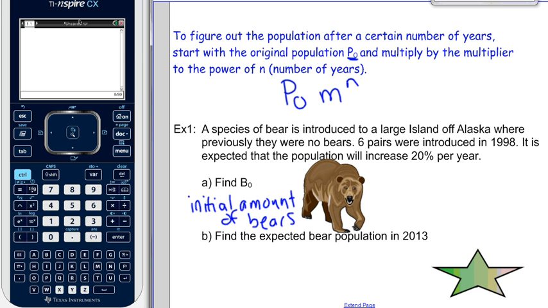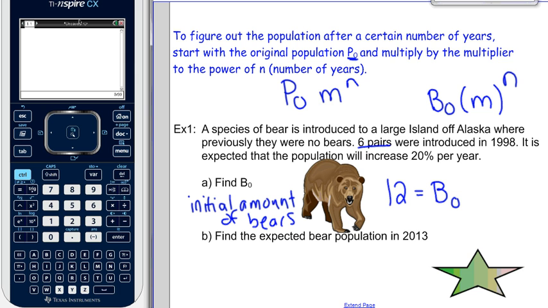Initially 6 pairs. Pairs refers to 2, so we know initially there were 12 bears. In this example, we're going to have B initial times our multiplier to the power of n. We want to find the expected bear population in 2013.